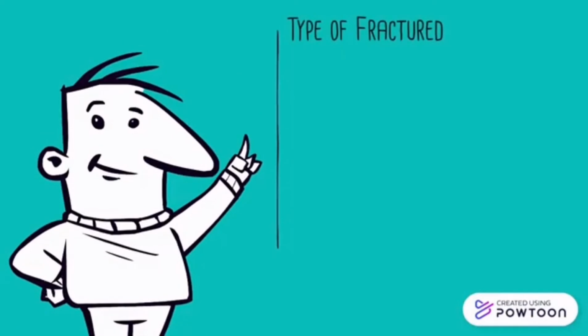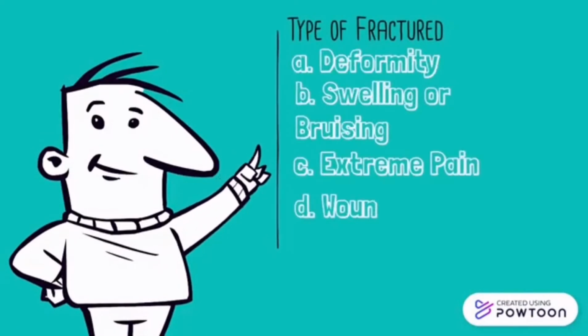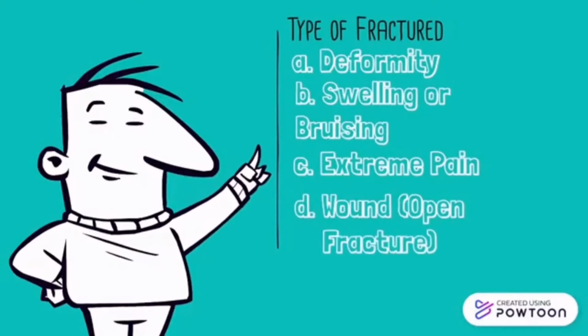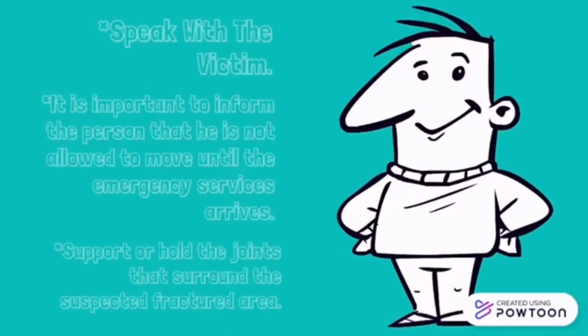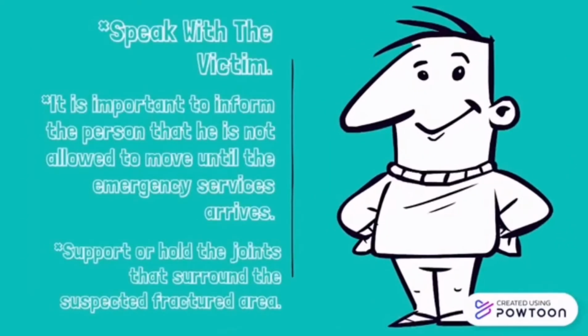These are the signs: deformity, swelling or bruising, extreme pain, wound or open fracture. Third, you must speak with the victim. Fourth, it is important to inform the person that he is not allowed to move until the emergency services arrive. And lastly, support or hold the joint that surrounds the suspected fractured area.